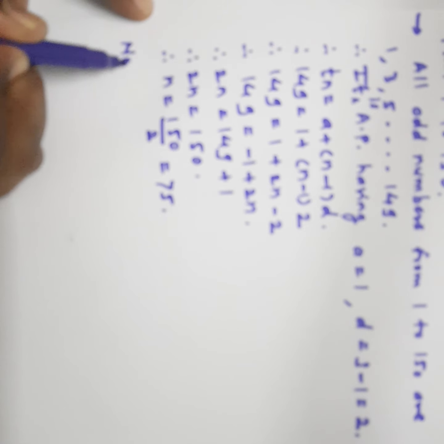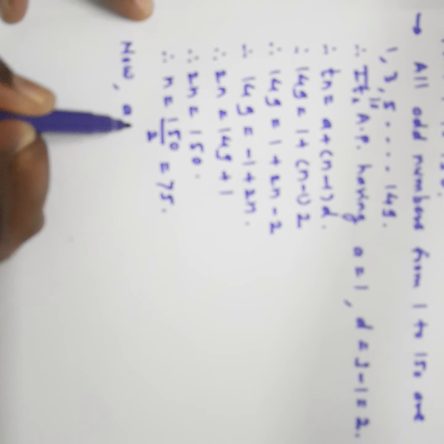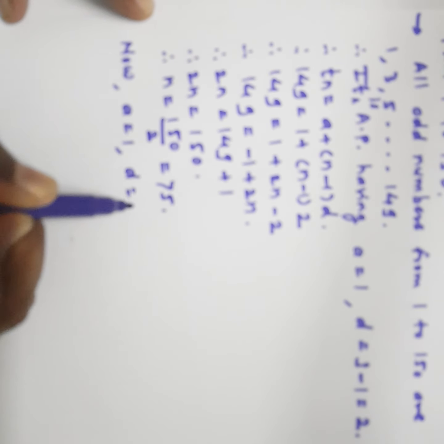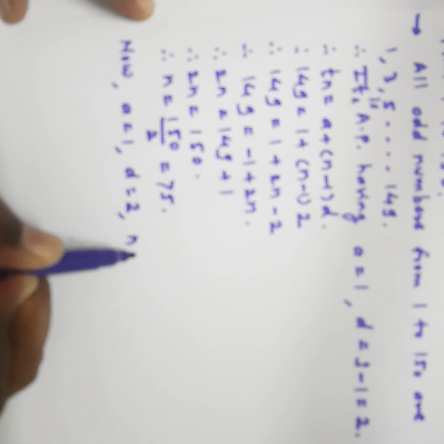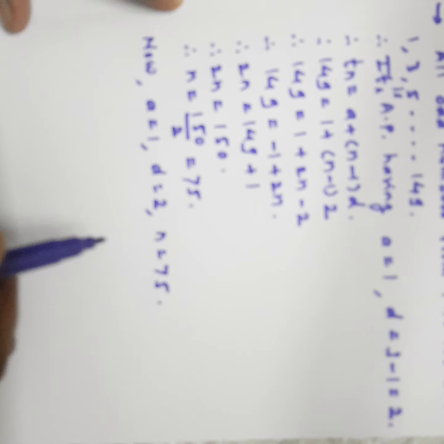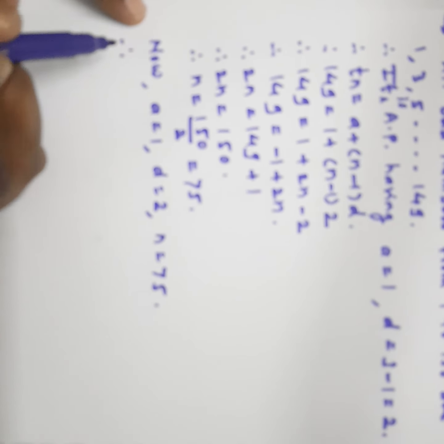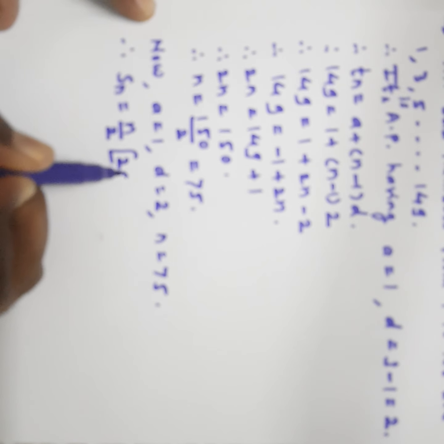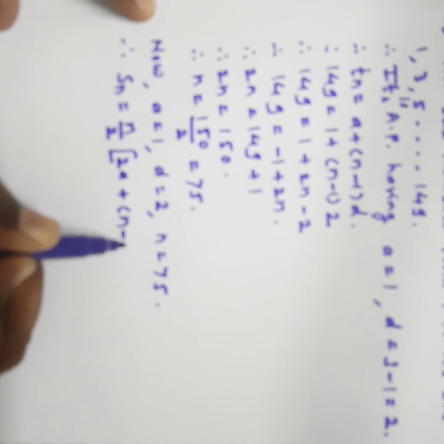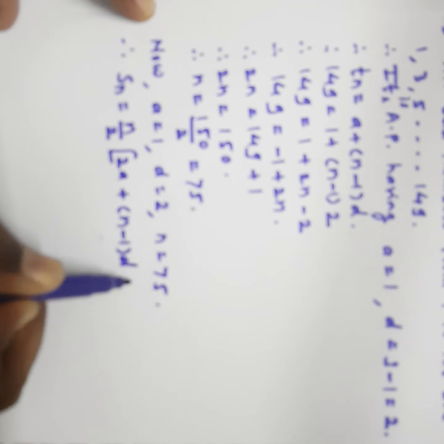Now a is equal to 1, d is equal to 2, n is equal to 75. Therefore the formula for the sum is Sn is equal to n by 2 into bracket 2a plus n minus 1 into d.